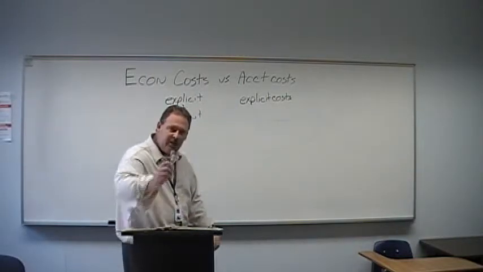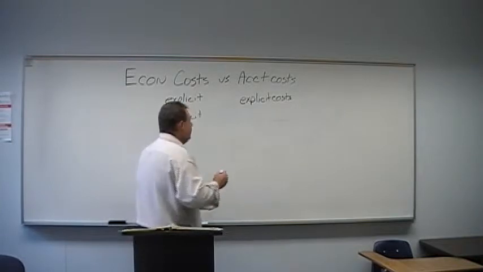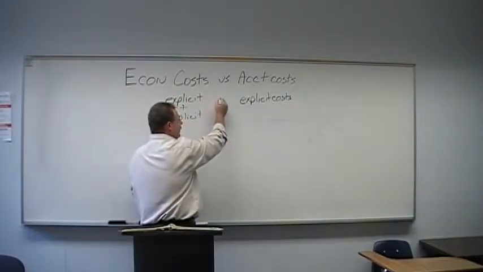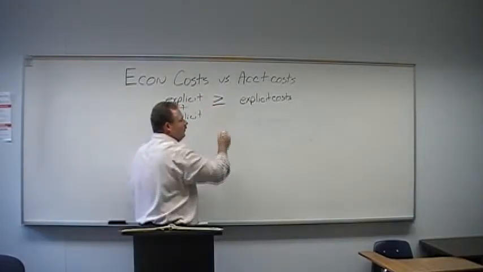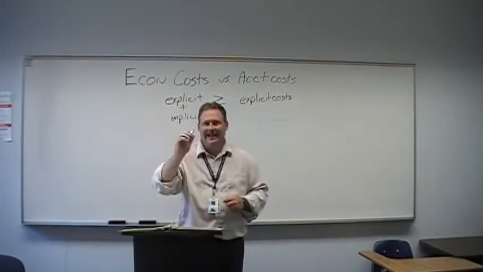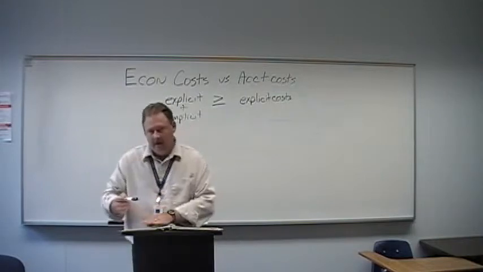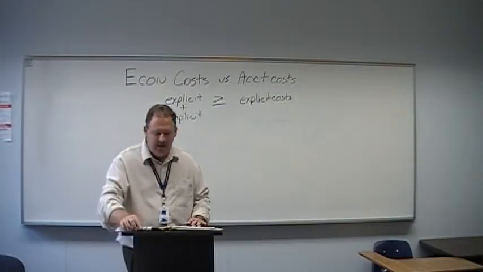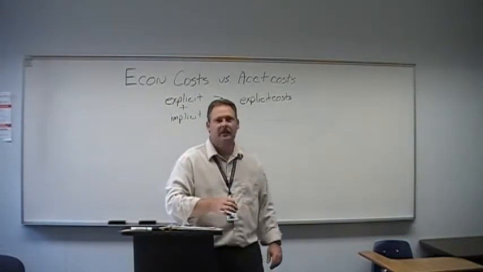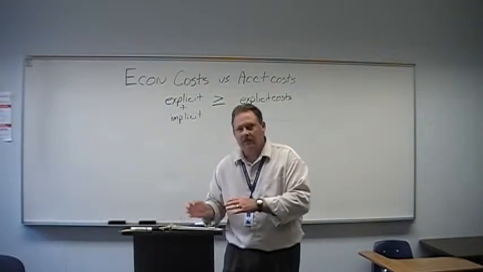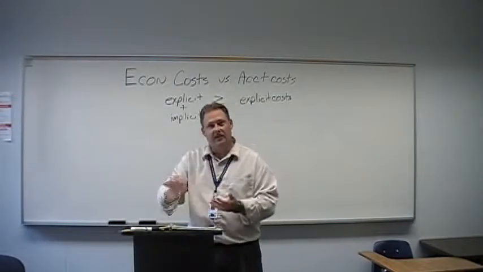So in this relationship, something that you'll need to remember is that economic costs are always greater than or equal to accounting costs. They will always be the greater bulk of things. Economic costs take into consideration alternatives, whereas accounting costs are things you pay for.